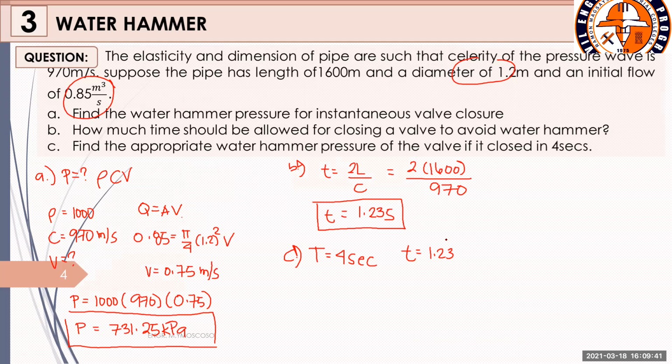Kukunin natin yung ratio niya tapos i-multiply natin doon sa nakuha nating pressure a while ago, para makukuha natin yung water hammer pressure about this time. So that would be pH is equals to the time na nakuha natin divided by the time condition multiplied by the pressure na nakuha natin kanina. So that would be 1.23 divided by 4 times your pressure which is 731.25. Okay, ilan kaya ang value niyan?